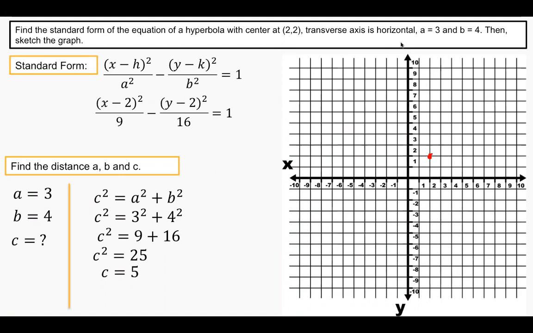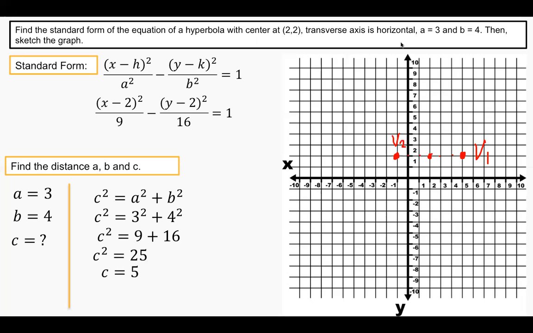So since the transverse axis is horizontal, I will count 3 units to the right and to the left side of the center to locate the vertices. So that's 1, 2, 3. This is vertex 1. Then another 3 units to the left of the center. It's 1, 2, 3. And this is our vertex 2.